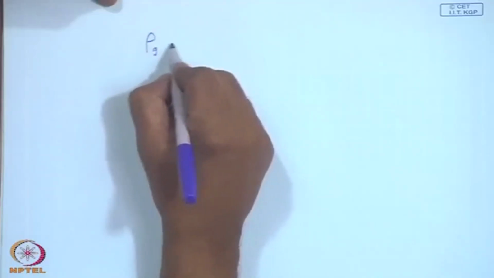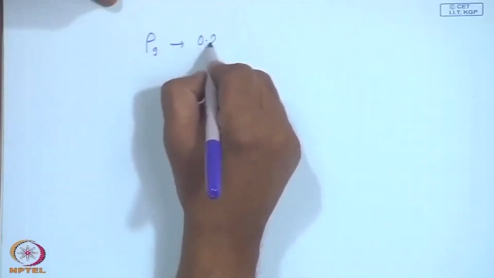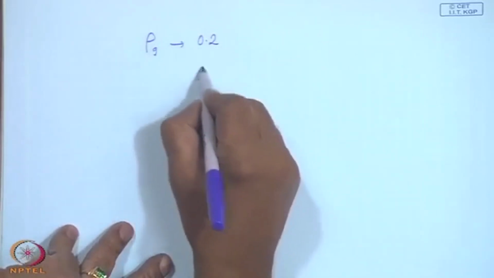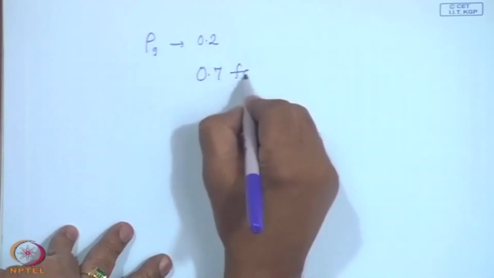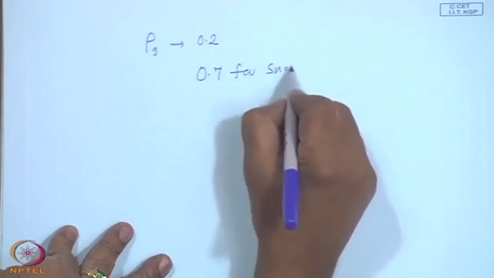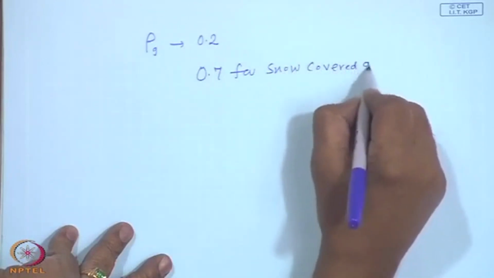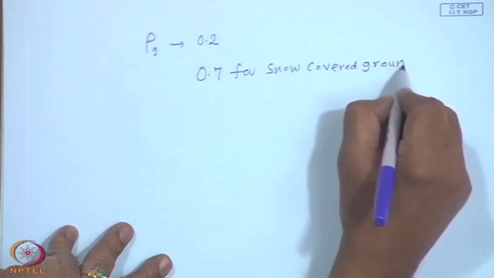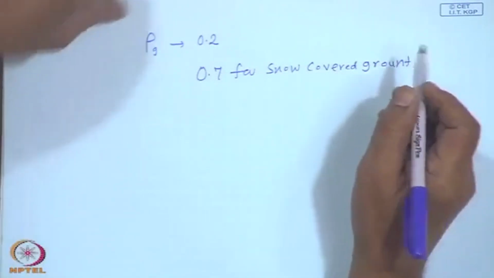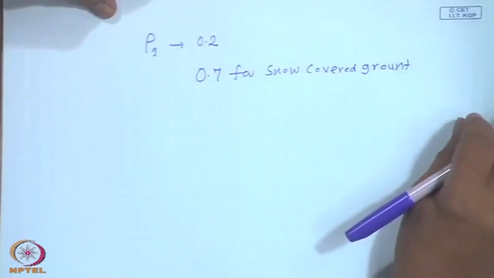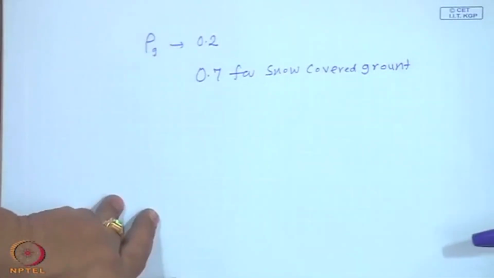And this rho G varies typically 0.2 for a ground, and it could be as high as 0.7 for snow covered. Of course, you may wonder if snow cover is there, the solar radiation will be low, whether your solar collectors will be operating or not.